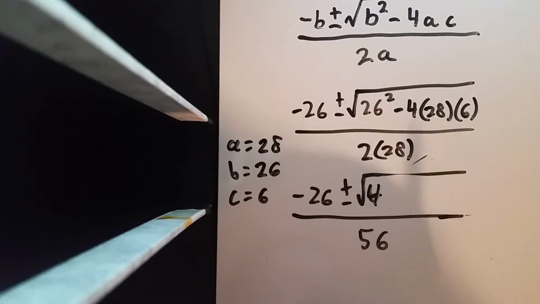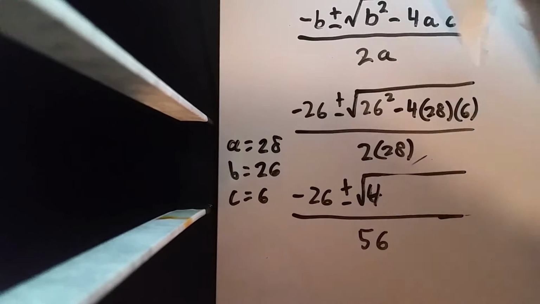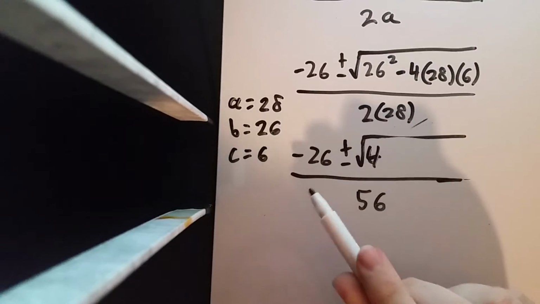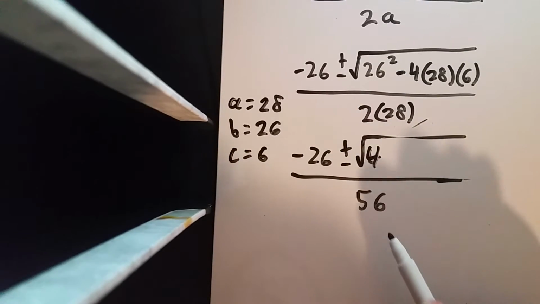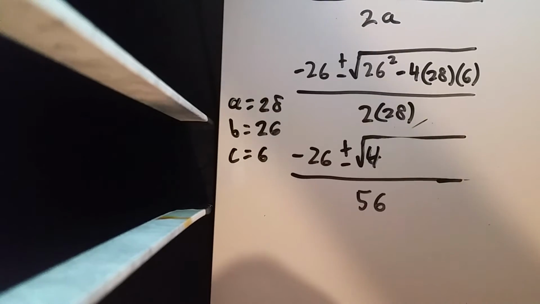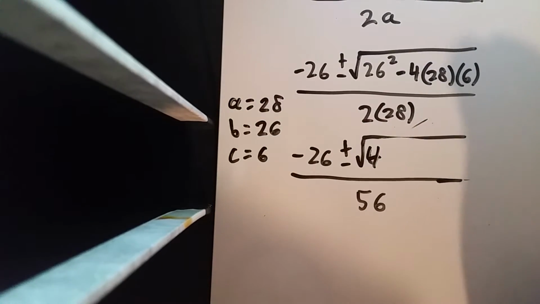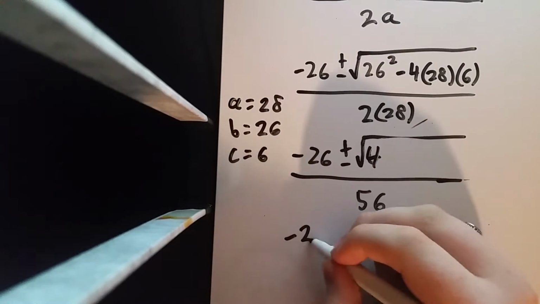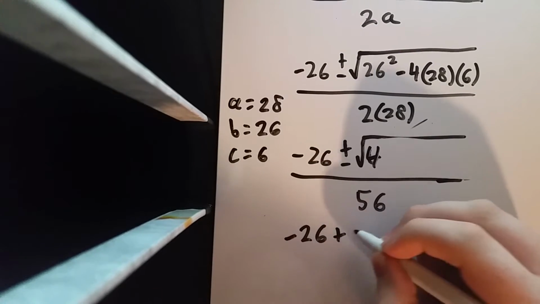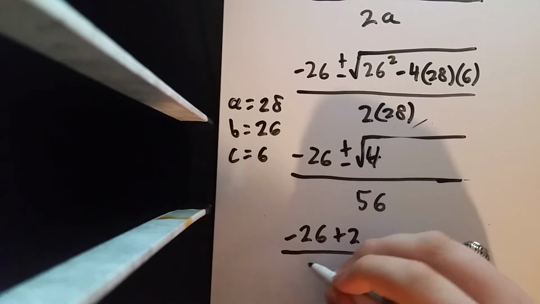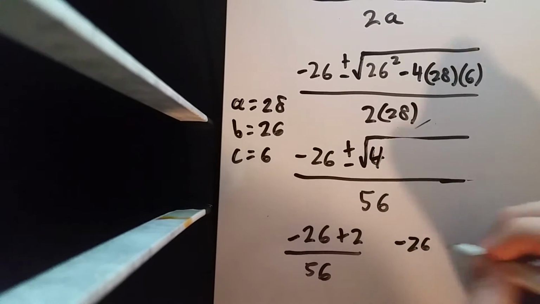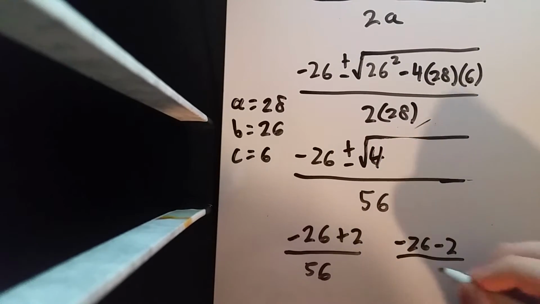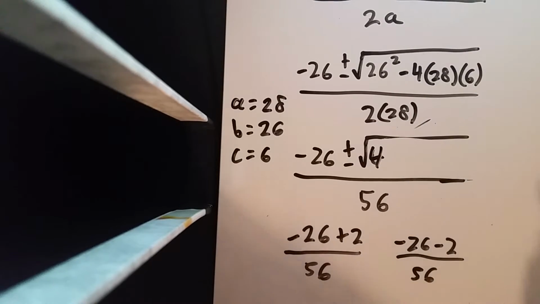So what we have now is negative 26 plus or minus the square root of 4 over 56. So what this means is you have negative 26 plus 2 over 56 and negative 26 minus 2 over 56.